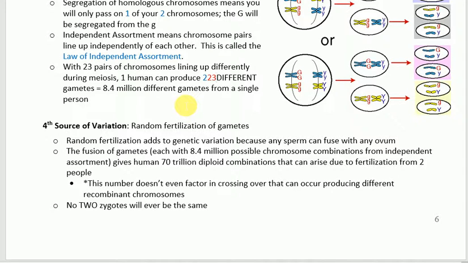And that's just from independent assortment. So that 70 trillion does not even factor in the crossing over that can occur and producing different recombinant chromosomes. So that number, I mean, it's astronomical and it's amazing because no two zygotes will ever be the same.